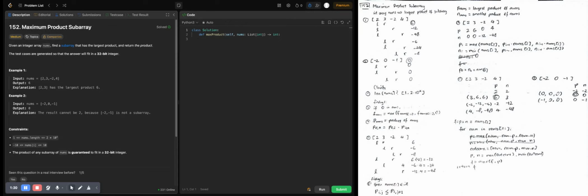So example 1, we have 2, 3, minus 2, 4. So the largest product of a subarray. Let's try with a brute force approach for now. So if we start with 2, say I'm gonna put a left and right pointer.